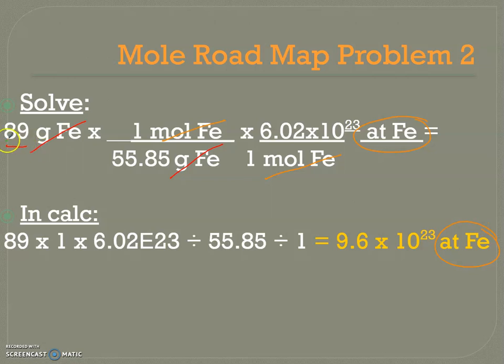And then in the calculator, you multiply by each numerator, divide denominators. 89 times 1 times 6.02 E23. This again means times 10 to the. Make sure that you use the E, not times 10 to the, because it won't keep the right orders of operation because exponents come before multiplying and dividing, and you don't want that to get messed up. And then you divide by 55.85, and you get 9.6 times 10 to the 23rd.